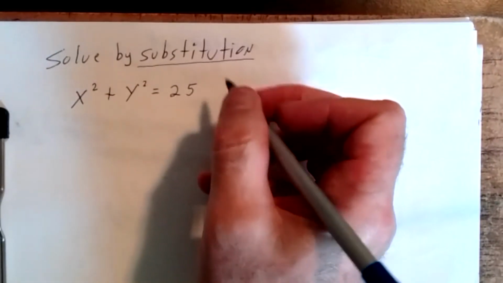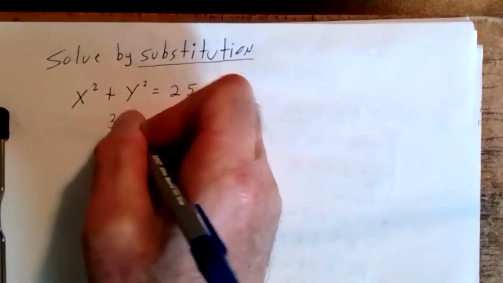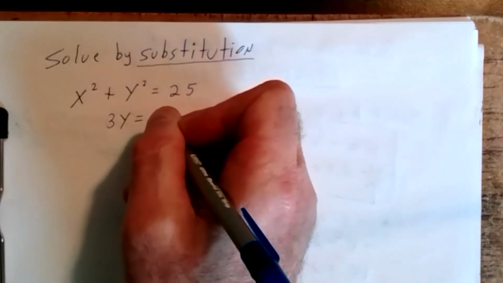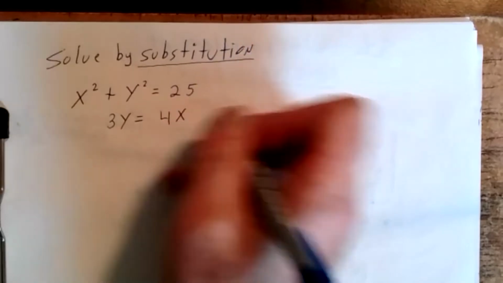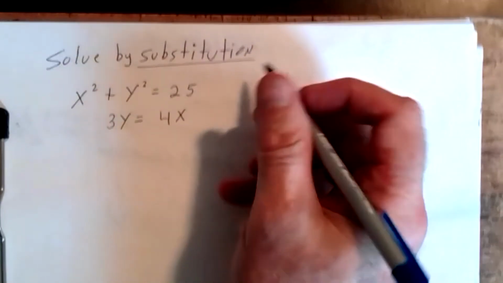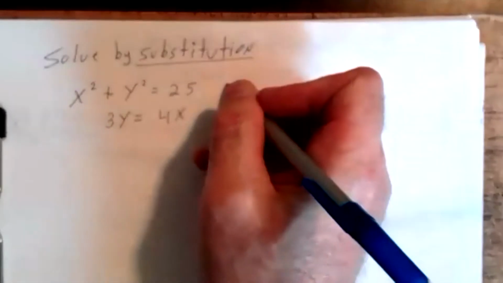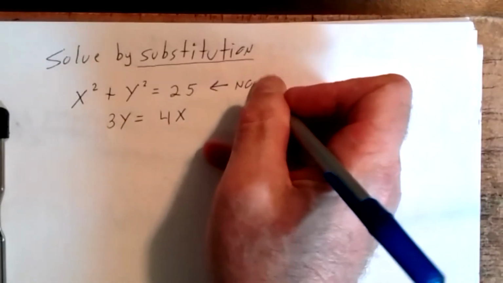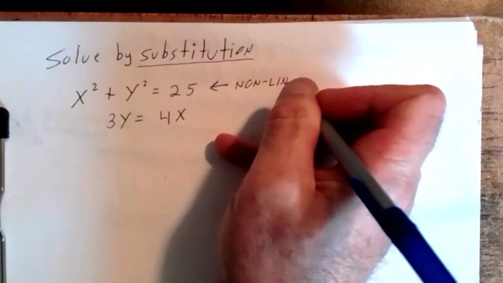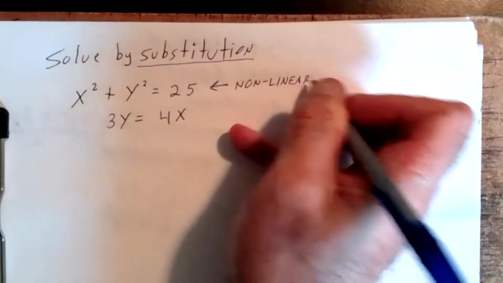Here is an equation in our system, x squared plus y squared equals 25. And the second equation comes at us as 3y is equal to 4x. Ladies and gentlemen, this first equation is a nonlinear equation, because our variables are not raised to the first power.